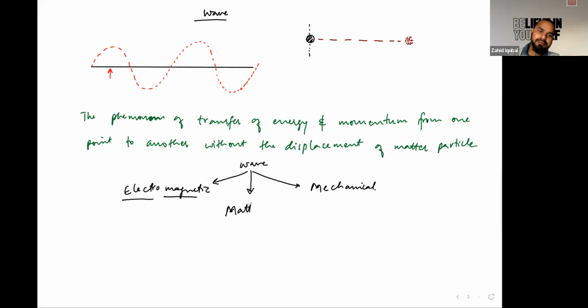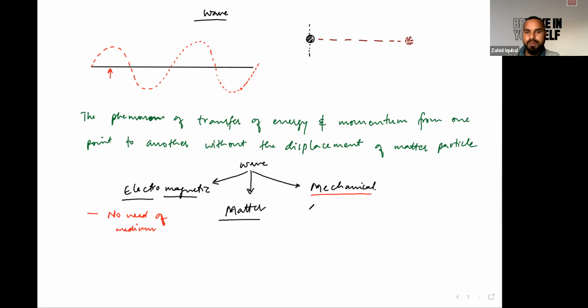And third, matter wave, wave associated with matter particle. So in this part, no need of medium. Electromagnetic wave is produced due to accelerating charge, or you can say due to oscillating variable electric field and magnetic field. You may learn more about it next year, that is in class 12.